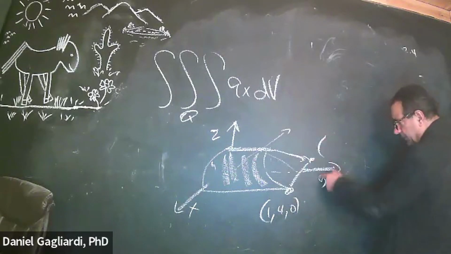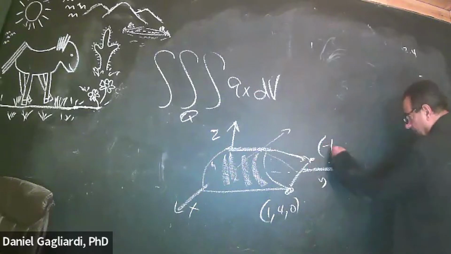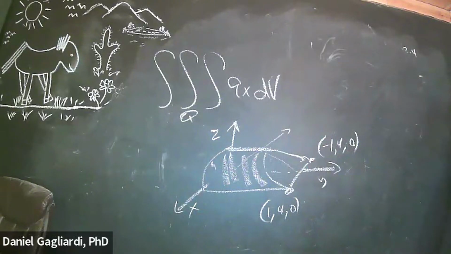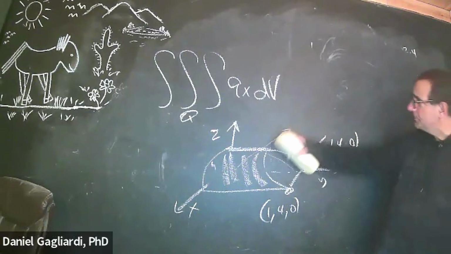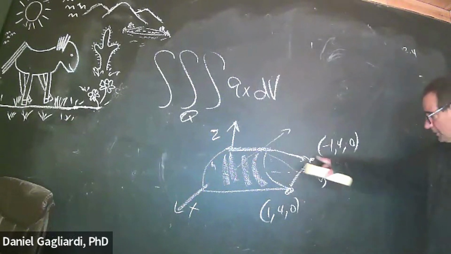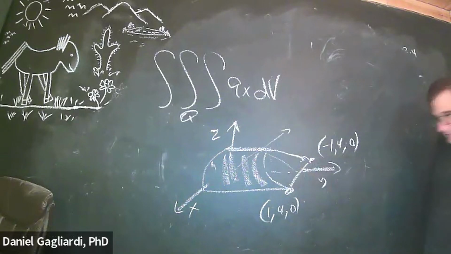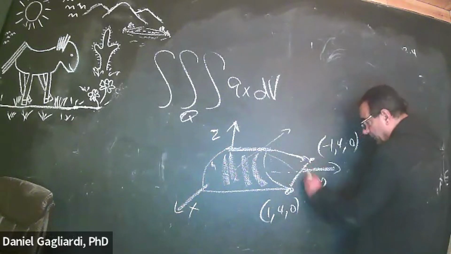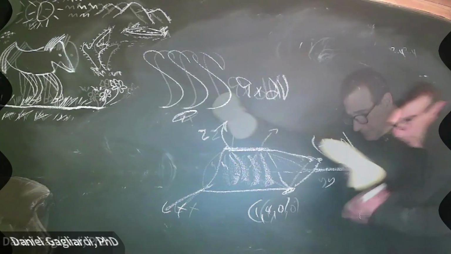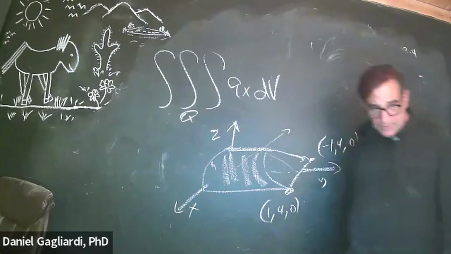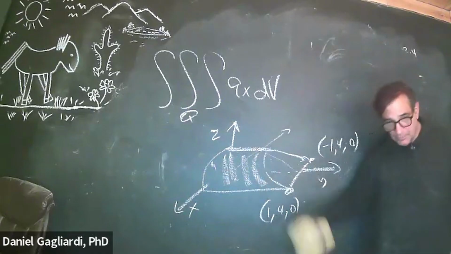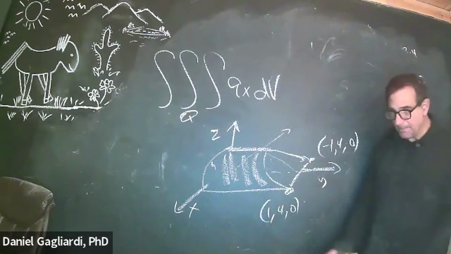But this point over here, the x coordinate is -1, the y coordinate is 4 again, and the z coordinate is 0 again. But the temperature being 9x, the temperature is 9 degrees over here, but -9 over there. So at every point, you're going to have an opposite temperature. So the triple integral of this is 0, and the average temperature is 0. And that makes perfect sense because of the symmetry. Okay, good.